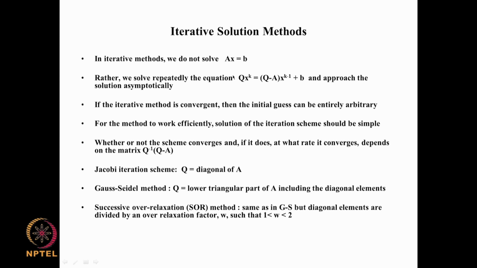taken from A in a certain way and in such a certain way that when you go through this particular recursive step, you can generate a series of improved guesses of the actual solution. And if you generate sufficiently large number of these, then it is expected to go towards the final solution.